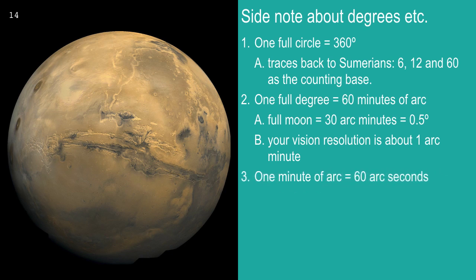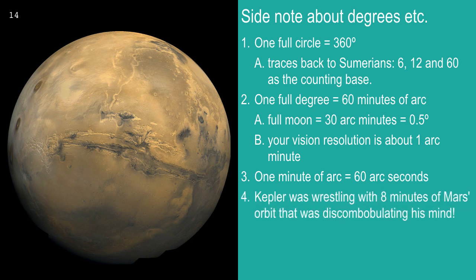Now we're eventually going to be working in seconds of arc and fractions of a second of arc, milli-arc seconds. 1 minute of arc is 60 arc seconds, and we'll be talking about arc seconds and milli-arc seconds all through the semester, because when we measure the orbits of stars orbiting another star, we'll definitely be talking about milli-arc seconds.